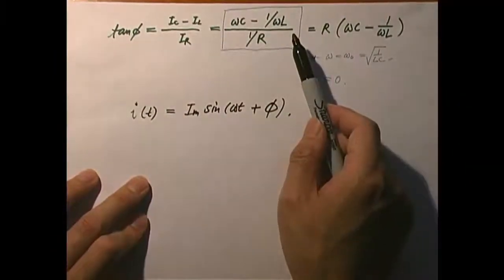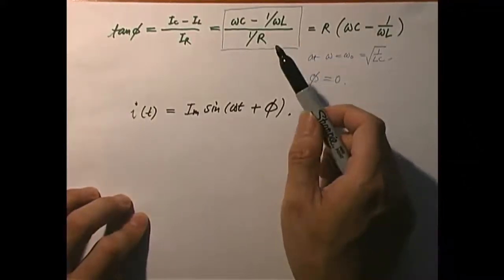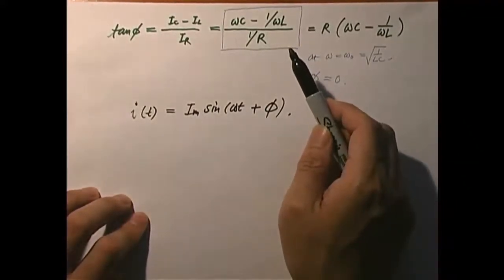So we have successfully solved this problem. We found what kind of current will result when you put all three elements in parallel, powered by a certain EMF.